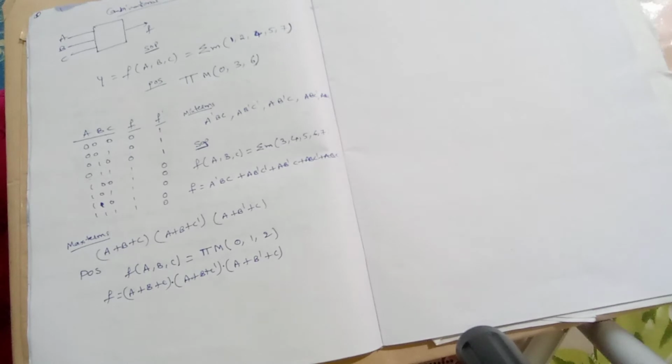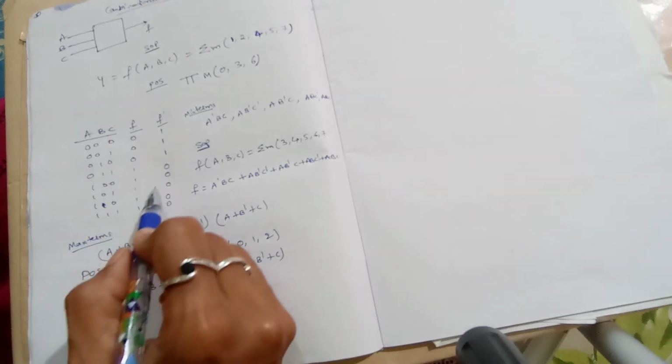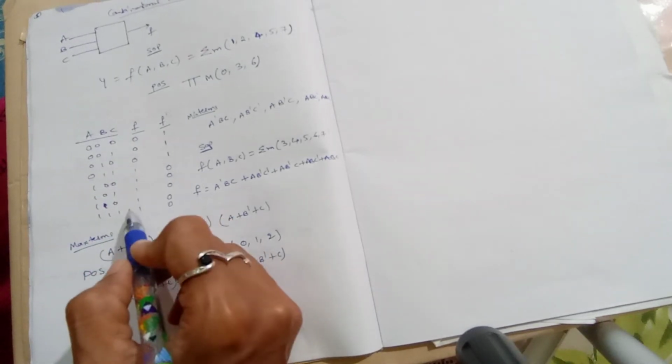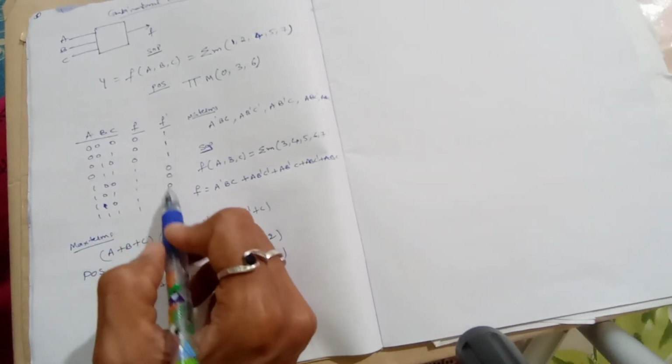Okay, now we'll see incompletely specified function. This is a Boolean function whose output is a don't care for at least one of its input combination. For any one of these combinations, the output becomes don't care, either for F or F bar.